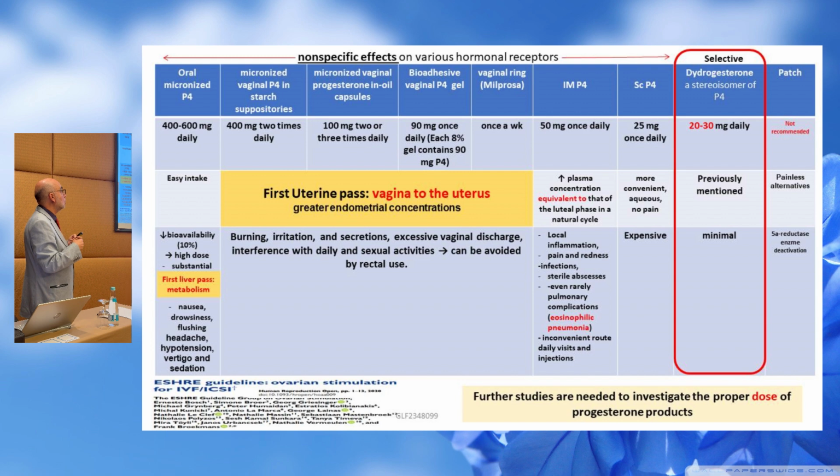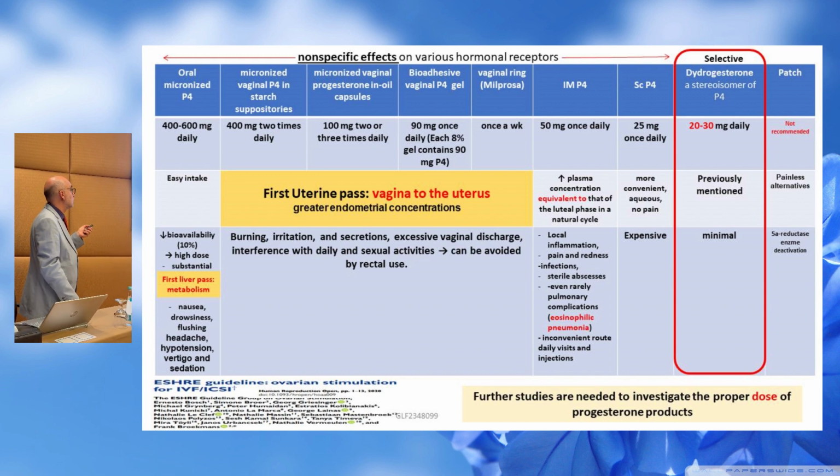So now we are confronted with the differences between the methods, but which method is best? Till now we cannot say what is the best, but I have presented the whole methods of progesterone supplementation for treating luteal phase defect.